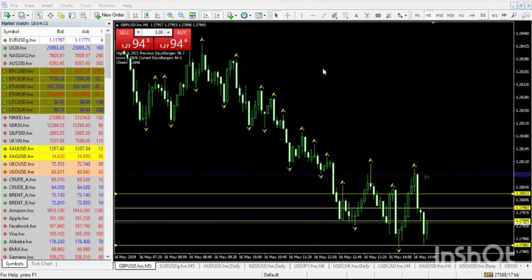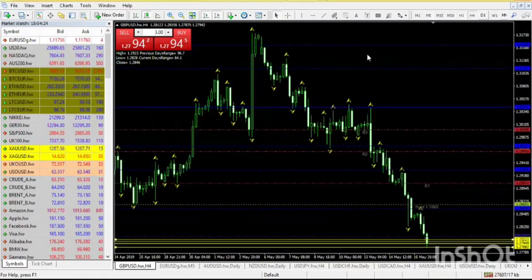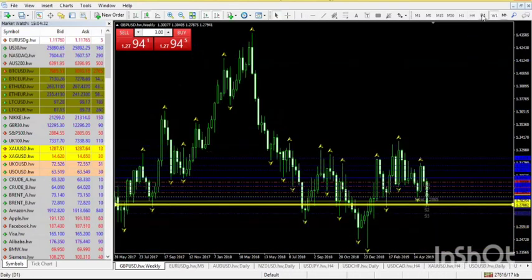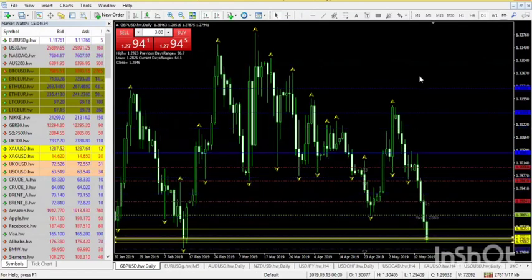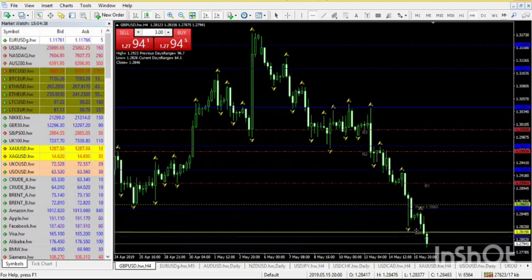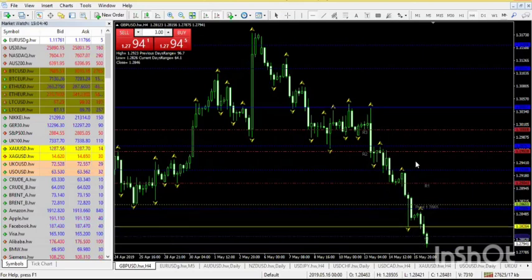In our pound dollar chart, in our 4-hour time frame, we have a reversal candlestick. It's definitely because of pivots. We've had a downtrend. In our weekly and daily time frames, we had a descending signal.